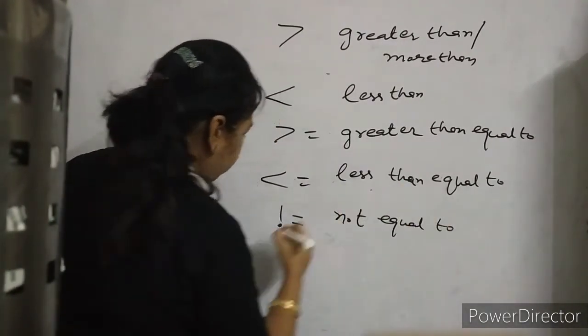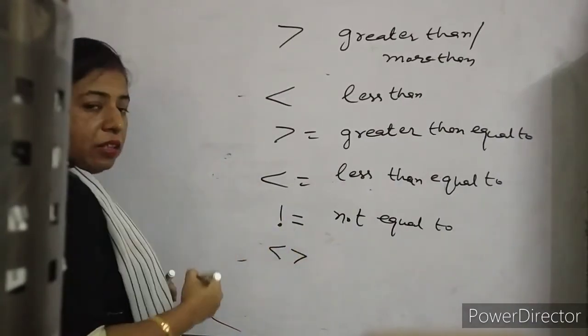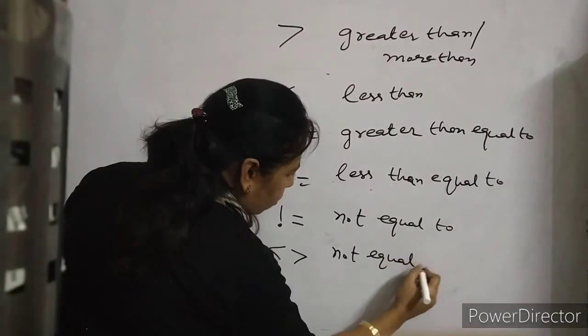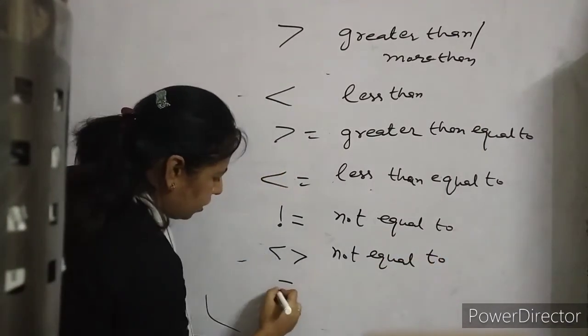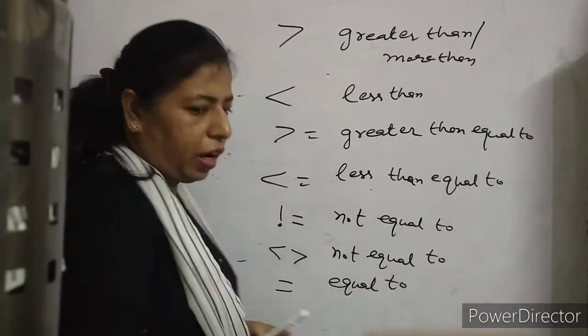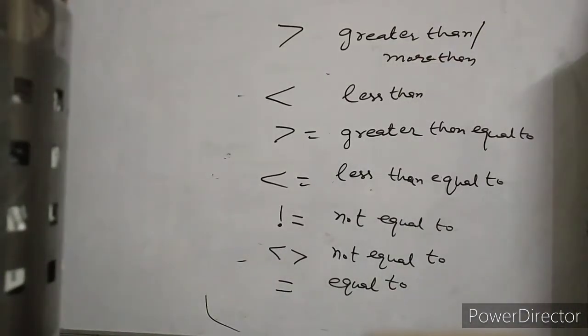Not equal to I can write in two ways. One more way is this, also not equal to, and last is equal to. Let's write down the names of these operators in your notebook. Greater than, less than, greater than equal to, less than equal to, not equal to, and equal to. Clear?